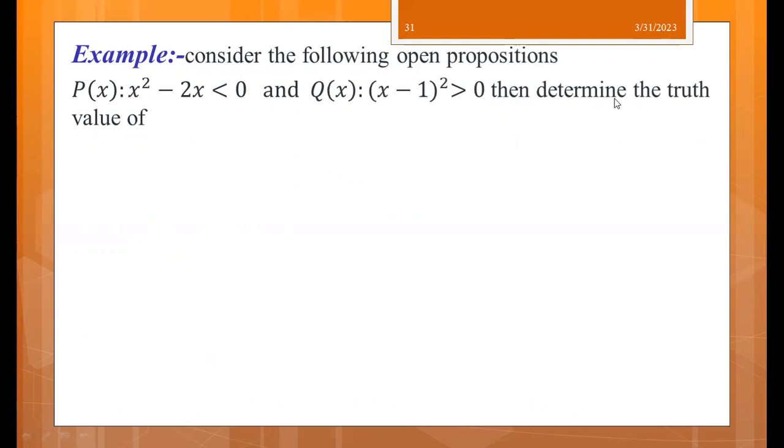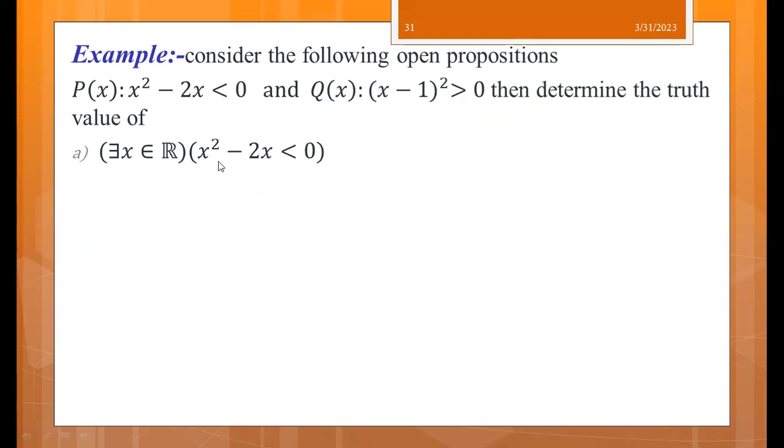Then we are asked to determine the truth value of the first one: for some real number x, or for at least one real number x, x squared minus 2x is less than 0. The truth value of this one could be true if we can find at least one real number x that can satisfy this inequality.